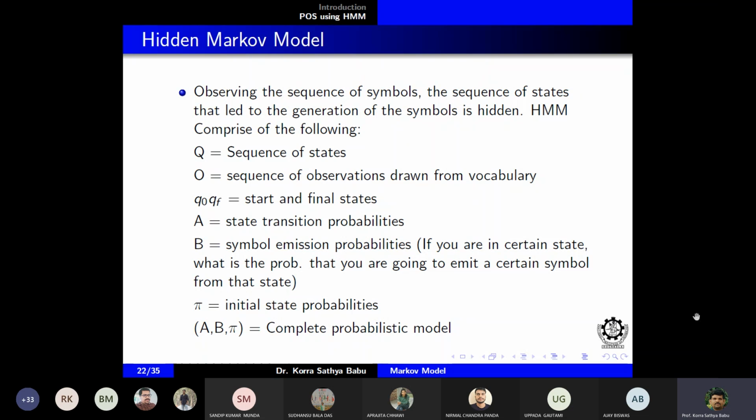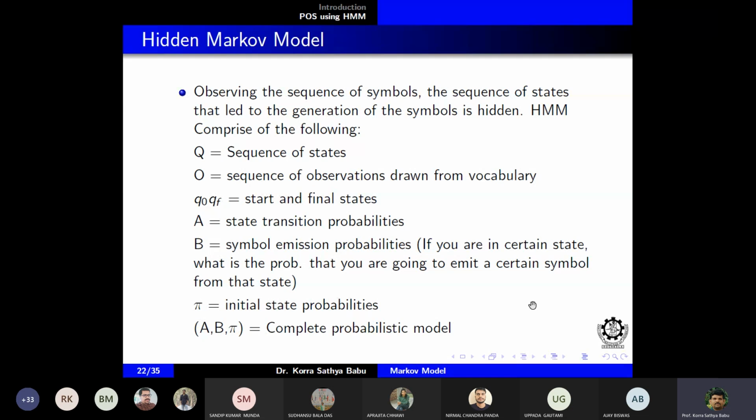This HMM comprises the following tuple. Q gives the sequence of states, and O is the sequence of observations drawn from the vocabulary. Q0 and QF are the start and final states of the automaton or Markov model.